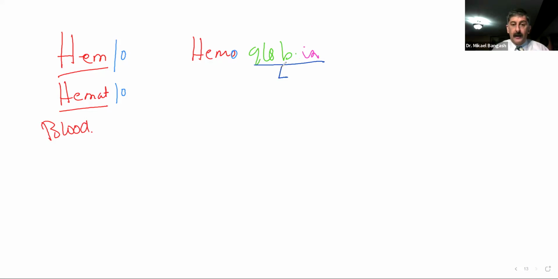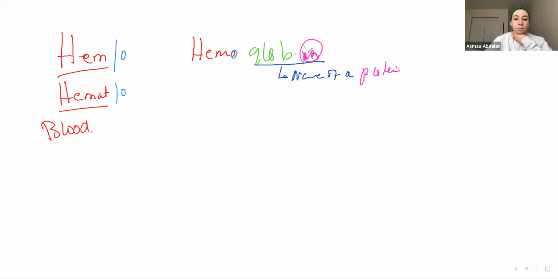Globin is mainly the name of a protein. How do we know that it is the name of a protein? It ends with N.